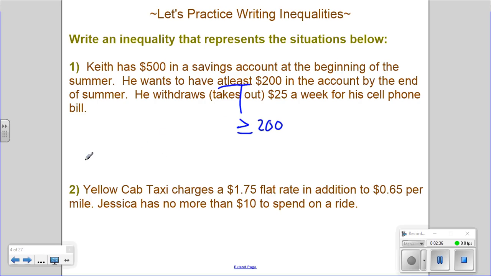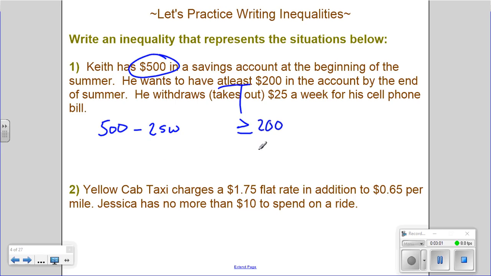Make sense? So he starts off with $500, and then he's withdrawing, he's taking away $25 a week. So that's minus 25 times each week.